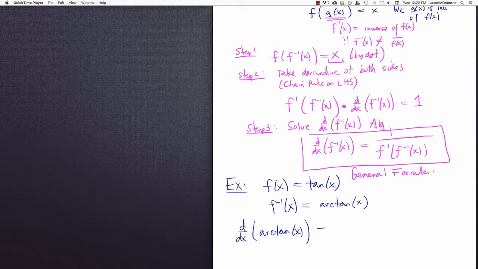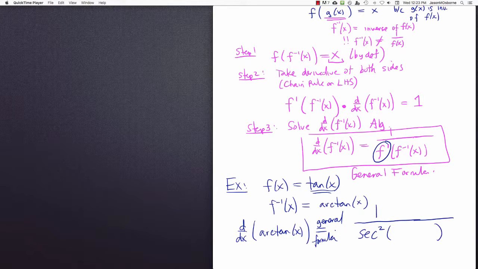According to this general formula, what we need to do is 1 over the derivative of the outer function. The derivative of the outer function is the function that we knew about, tangent, so that will be secant squared.